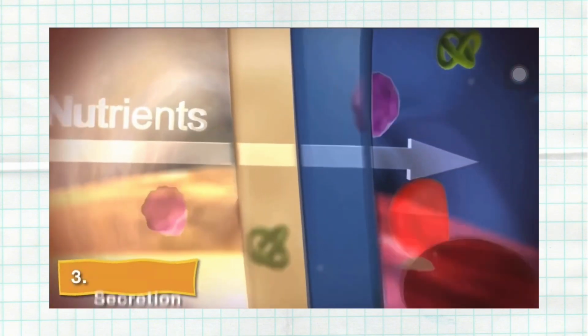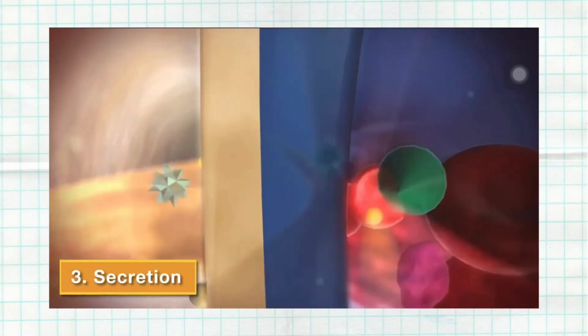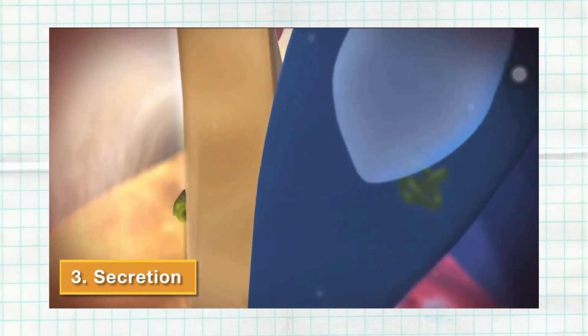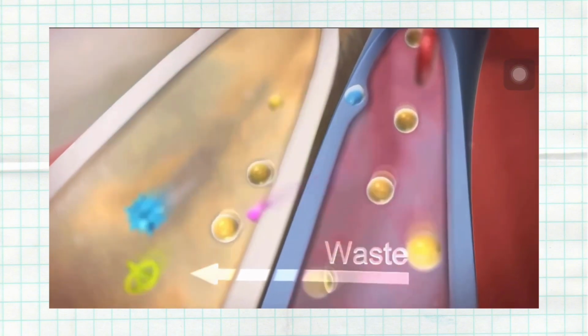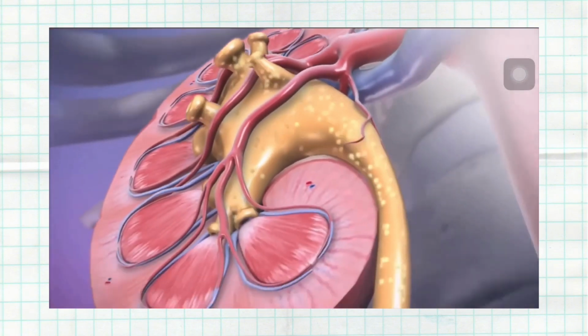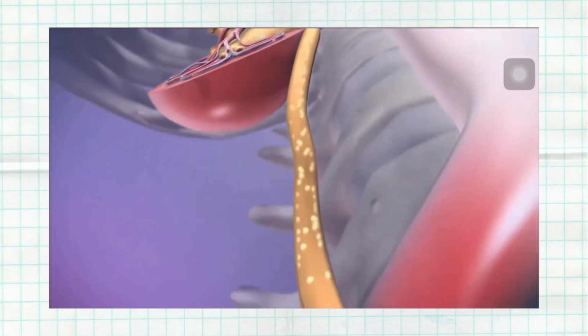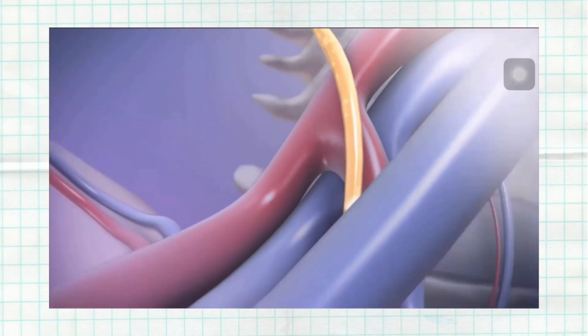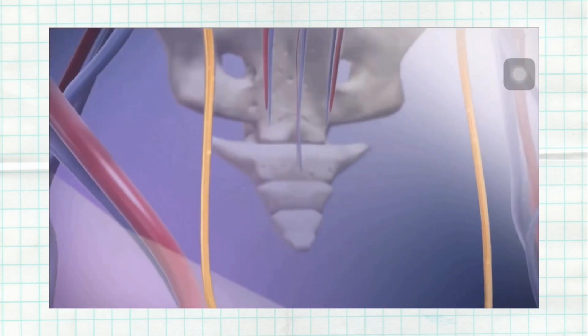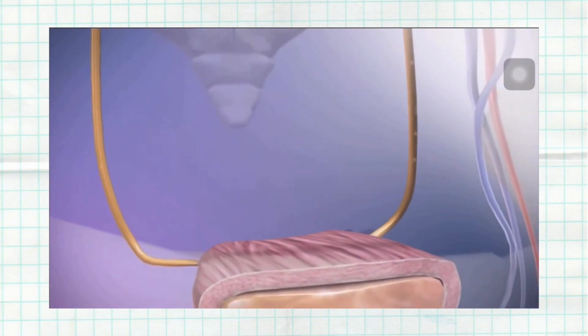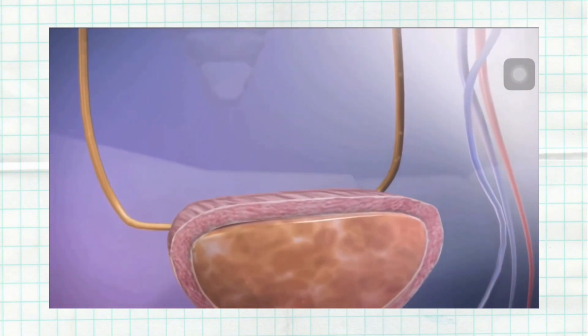The filtrate flows through the renal tubule, where nutrients and water are reabsorbed into capillaries, while waste ions and hydrogen ions pass from the capillaries into the renal tubule. This process is called secretion. The secreted ions combine with the remaining filtrate and become urine, which then flows out of the nephron tubule into a collecting duct, passing out of the kidney through the renal pelvis into the ureter and down to the bladder.